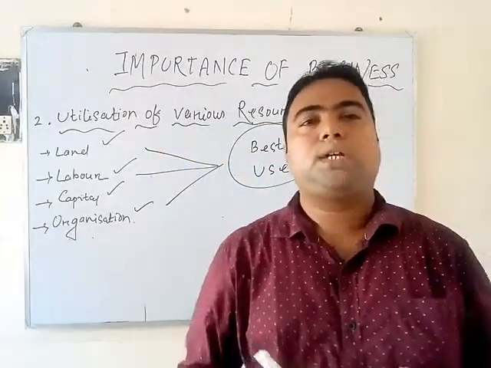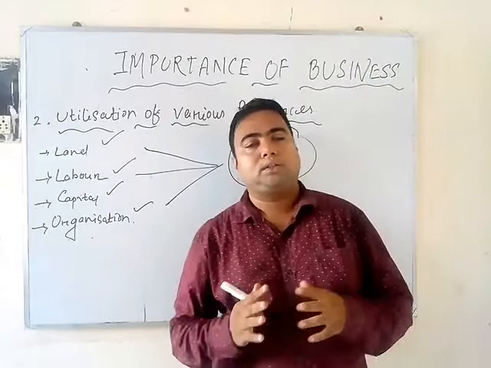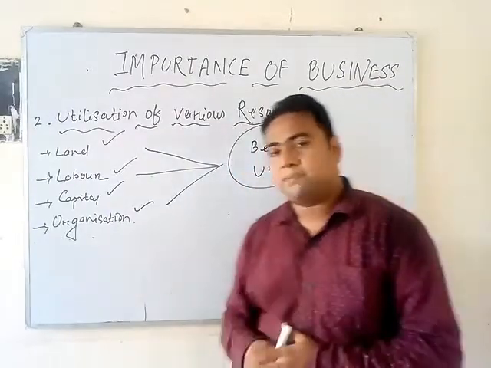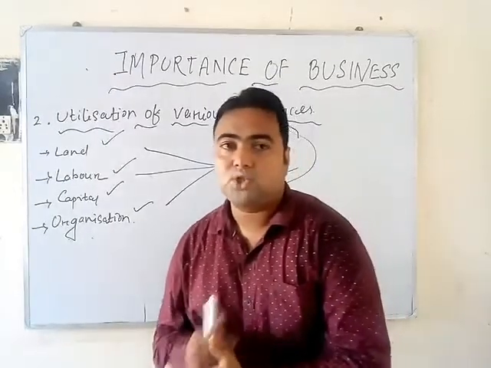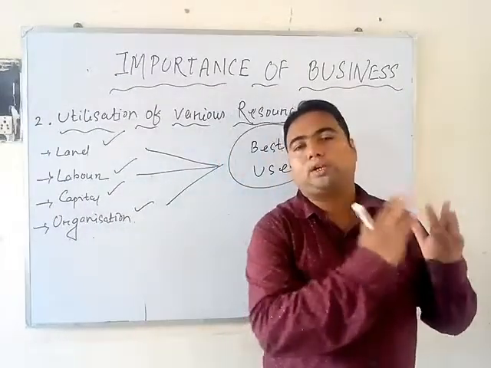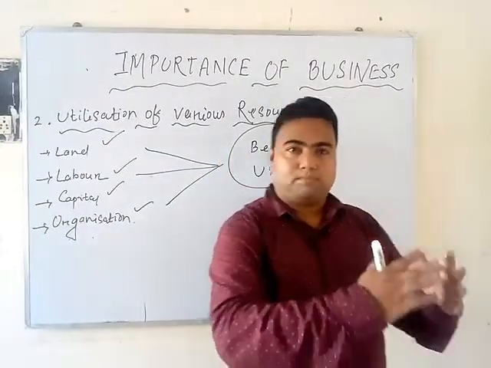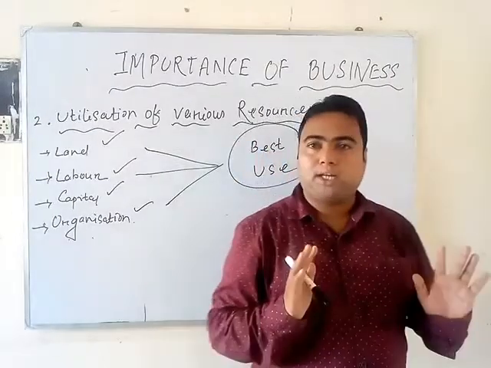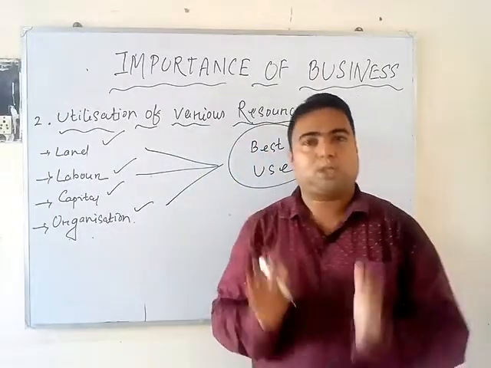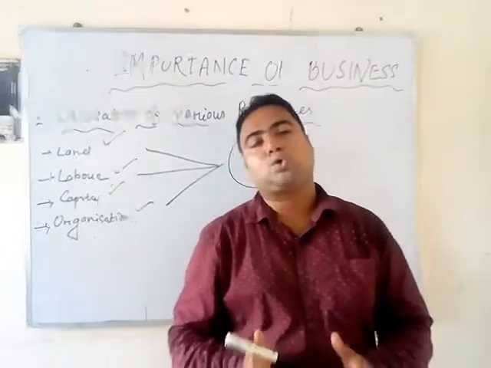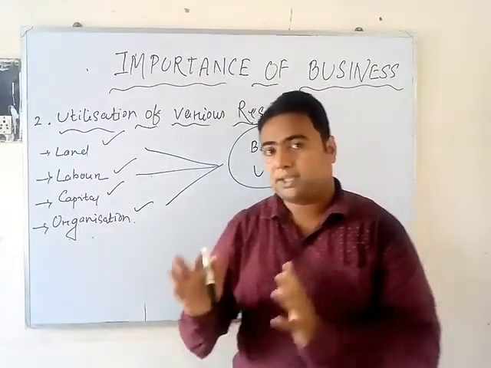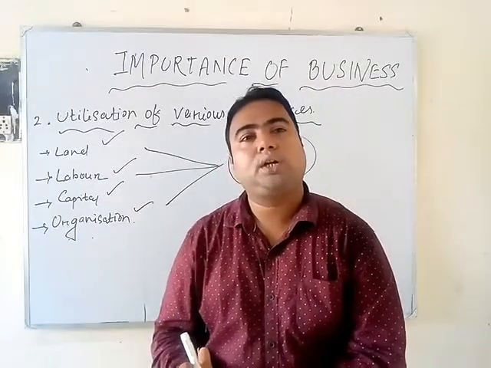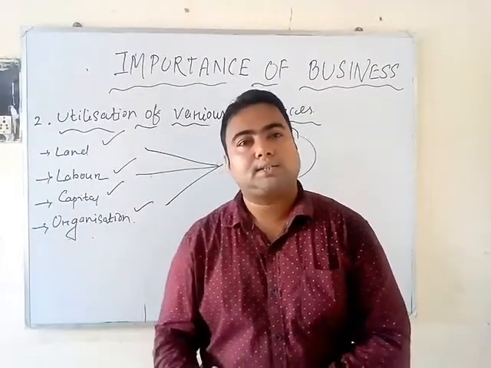Suppose there is a quarrel between the purchase manager and the sales manager. What will this result in? The purchase manager will purchase the raw materials in right time. The production manager will be able to produce the goods in right time, but the sales manager is not willing to increase the sales.